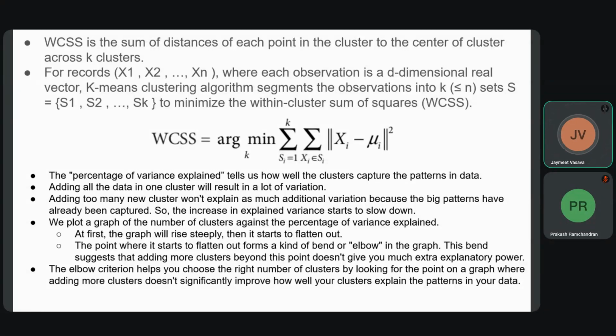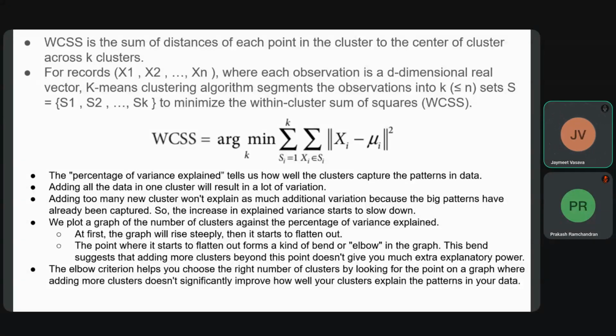So we plot a graph of the number of clusters against the percentage of variance explained. At first the graph will rise steeply, and then it starts to flatten out. The point where it starts to flatten out forms a kind of bend or elbow in the graph. This bend suggests that adding more clusters beyond this point doesn't give you much extra explanatory power.